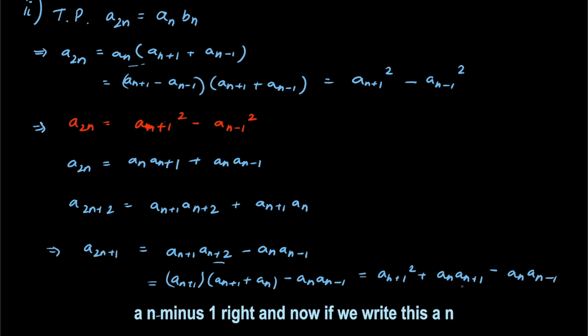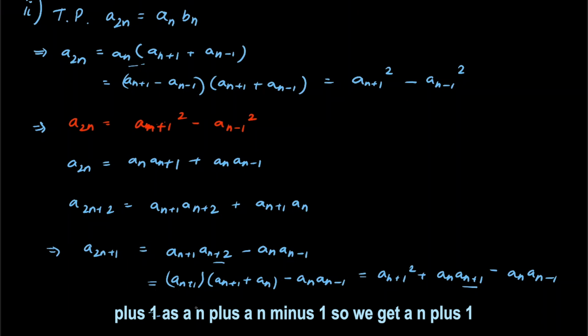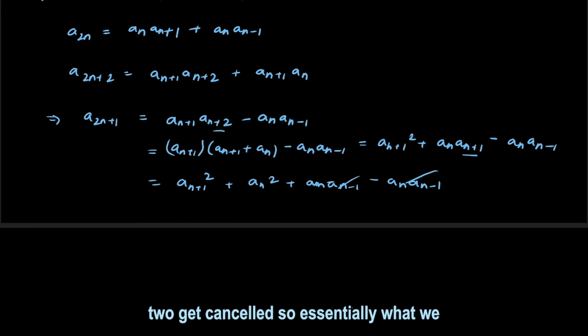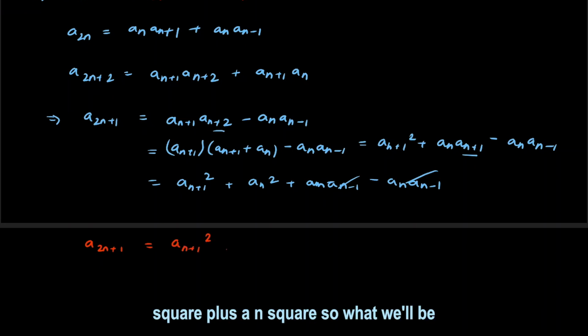And now if we write this An plus 1 as An plus An minus 1, so we get An plus 1 squared plus An squared plus An into An minus 1 minus An into An minus 1, and these two get cancelled. So essentially what we get is A2n plus 1 is equal to An plus 1 squared plus An squared.